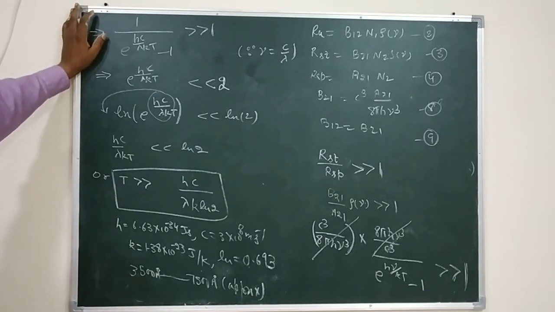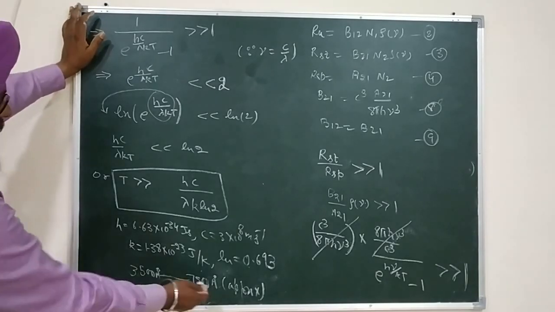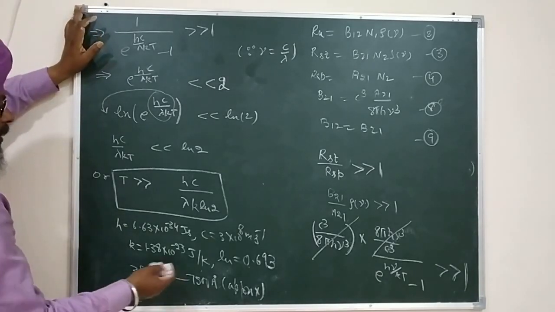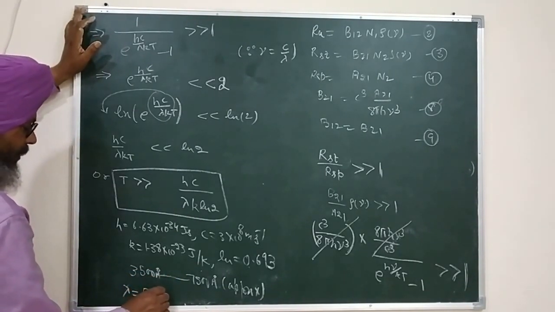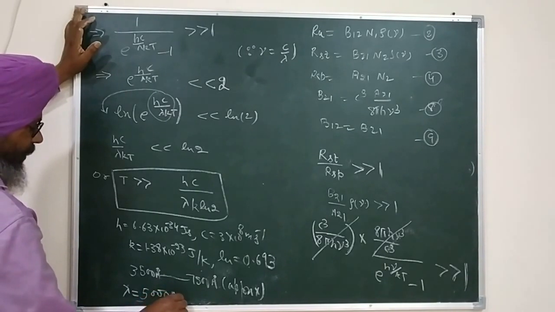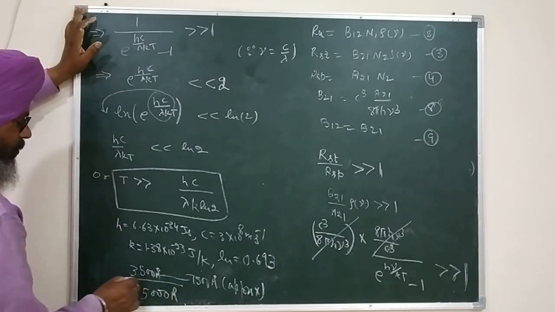So let us say we are interested in making a laser in which the wavelength of the output light is in just the middle of this region. Let us assume the value 5000. Let us say I put lambda is equal to 5000. This is my desired value.